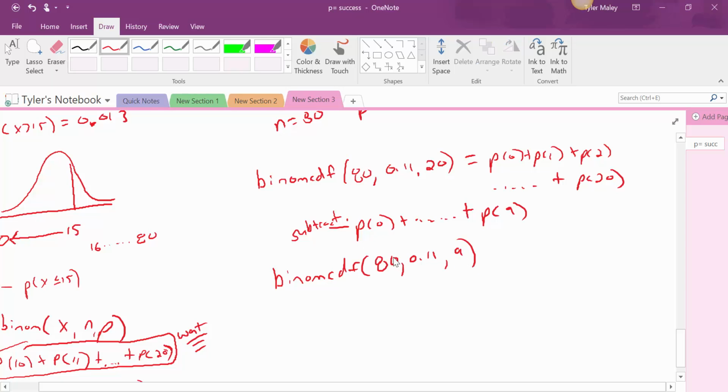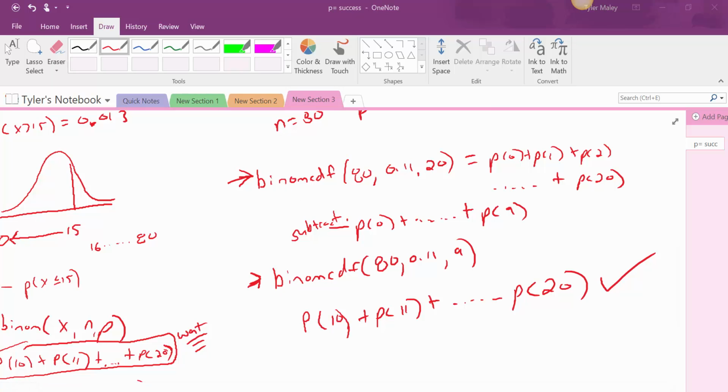Now if I take this entry minus this entry, I will arrive at what I want. This will leave me with probability of 10 plus probability of 11, plus all the way to probability of 20, which is what I want. So you have to think through how to enter this in.